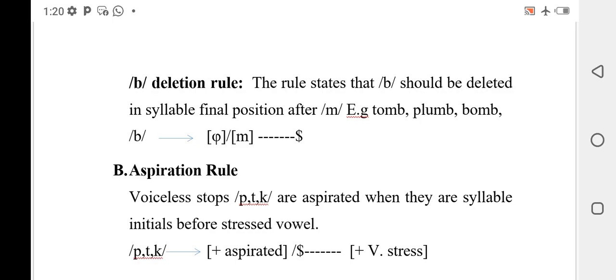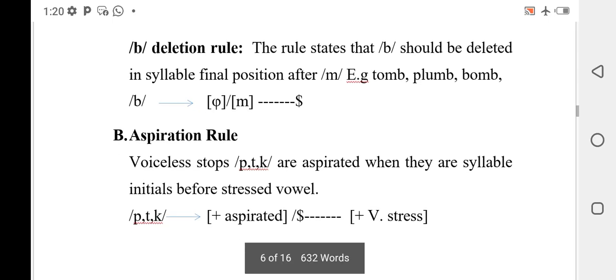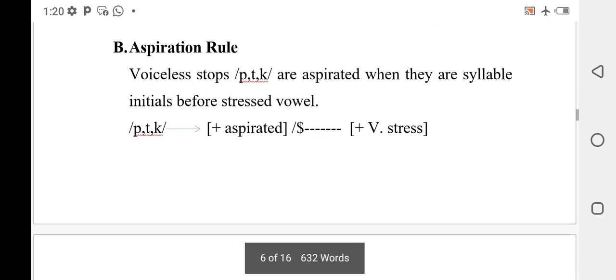We have looked at the G deletion rule and the B deletion rule. So we have the aspiration rule. The aspiration rule says that voiceless stops, you can call them stops or plosives, these voiceless stops include P, T, and K, are aspirated when they are at syllable initial position, before stressed vowels.